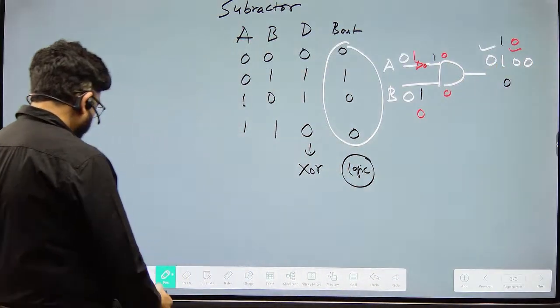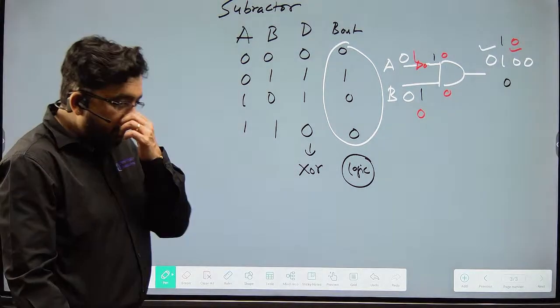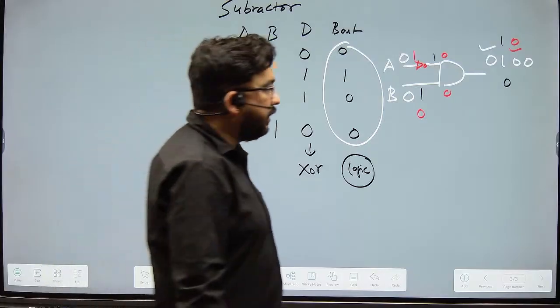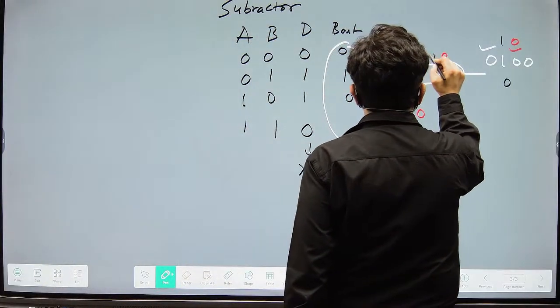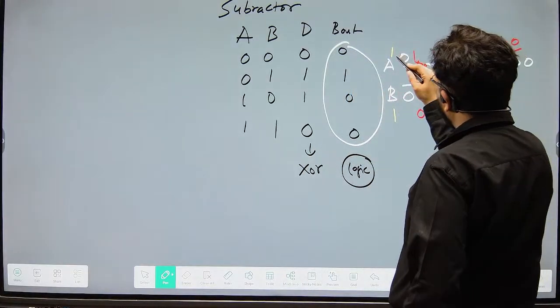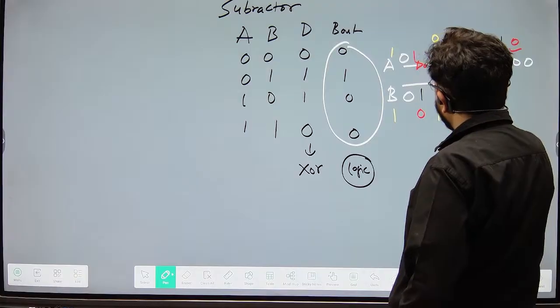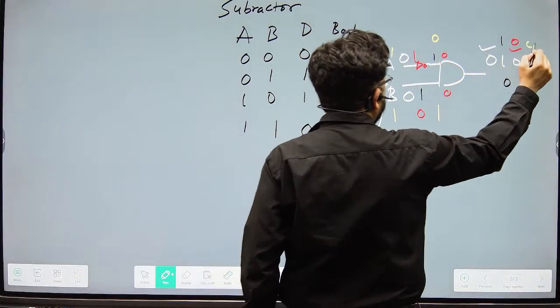And if we give 1 1, then 1 will pass through this NOT gate and become 0. This 1 will stay 1, and 1 0 will become 0.